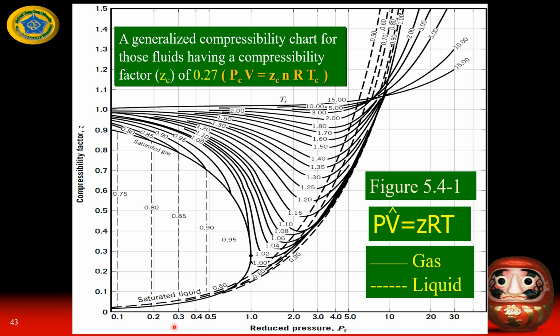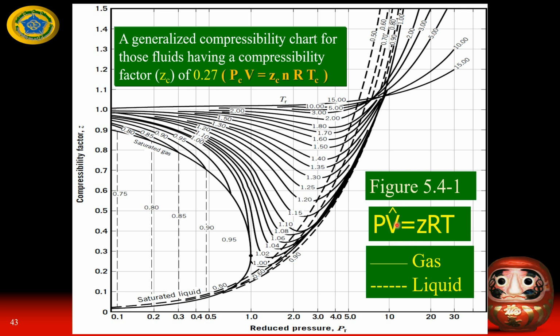So if I tell you the pressure and the temperature of the system, and you need to find Z because you want the answer for the volume, I tell you P and T, and then you need to find Z. Once you have P, Z, T, you can get the answer for V over n.